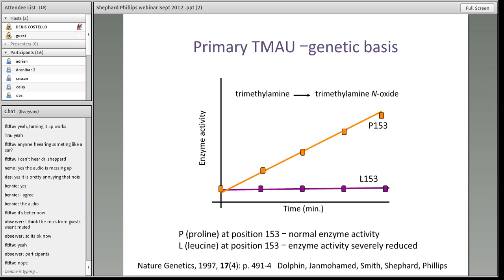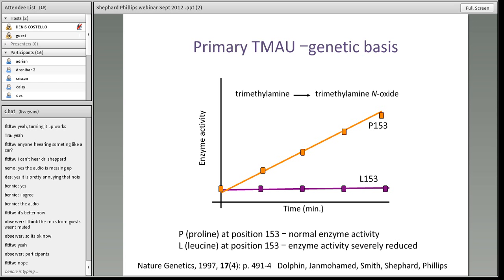So if we look at this little graph here, on the left-hand axis, we've got enzyme activity, and on the bottom axis, we've got time in minutes. And we're looking here at the ability of 2 proteins to convert trimethylamine to trimethylamine N-oxide. Now, the protein that has a proline at 153, you can see a very nice straight orange line.